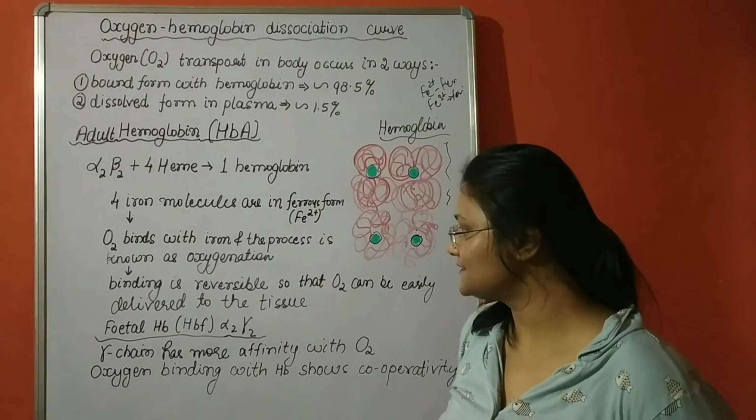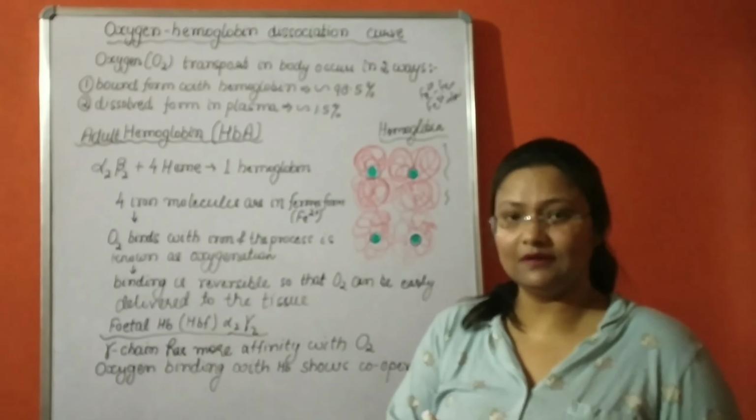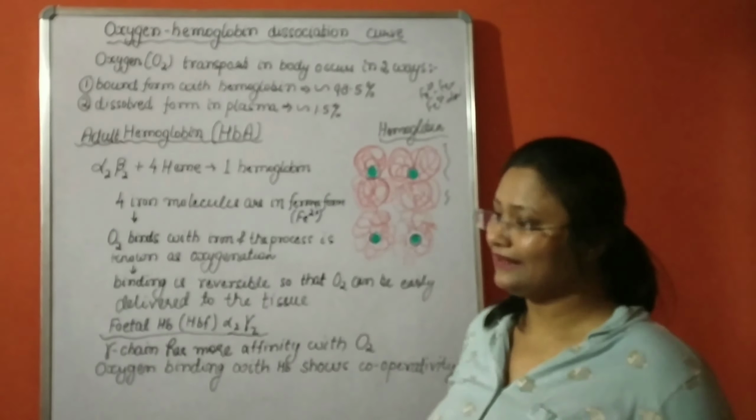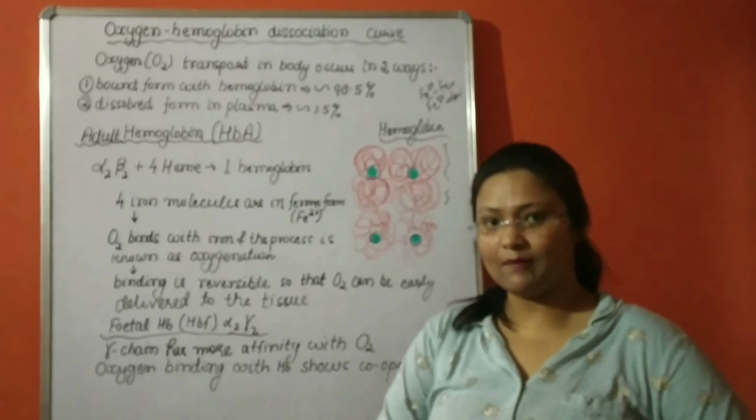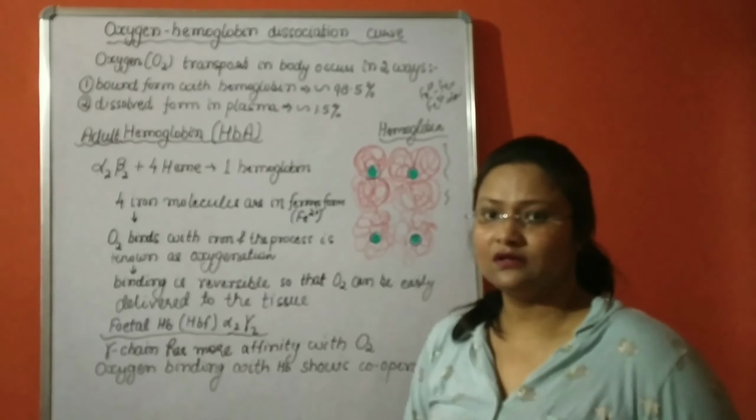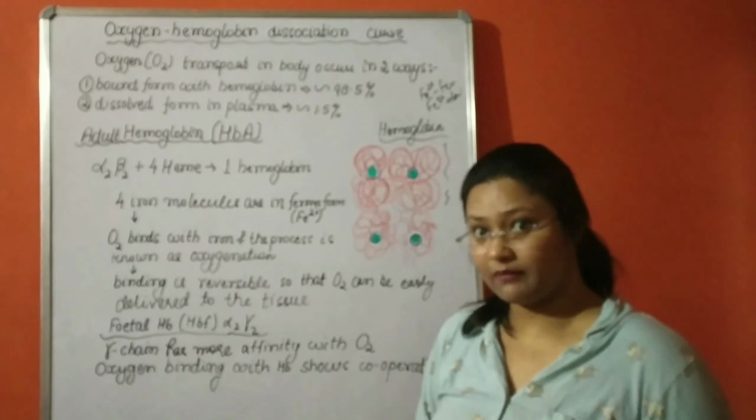Once hemoglobin has delivered oxygen to the various tissues or cells of the body, the binding must be reversible. It is not that oxygen binds with hemoglobin and stays bound forever. That would be irreversible binding.